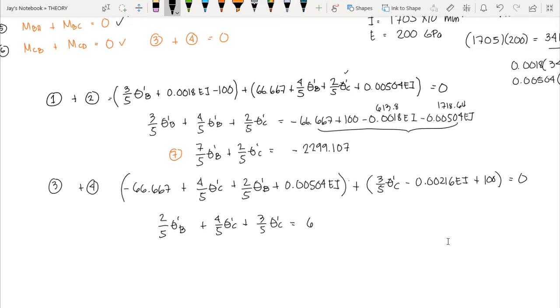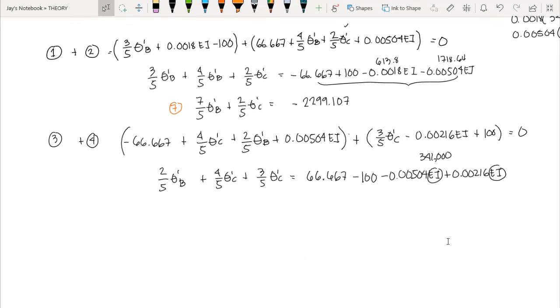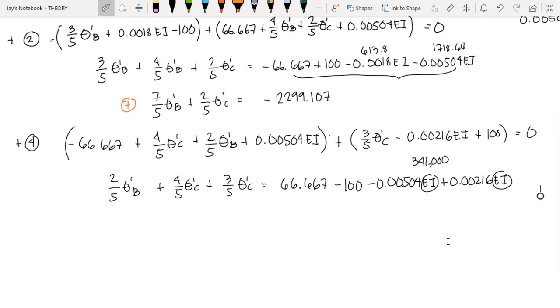We have positive 66.667 minus 100 minus 0.00504 EI plus 0.00216 EI. Again, this EI here is equivalent to 341,000. Okay, this 2EI.